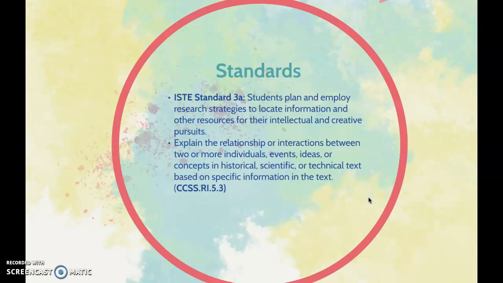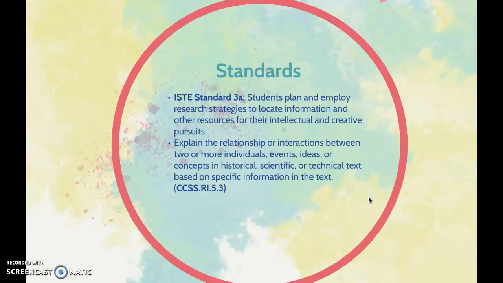And the other standard is to explain the relationship or interactions between two or more individuals, events, ideas, or concepts in historical, scientific, or technical text based on specific information in the text.